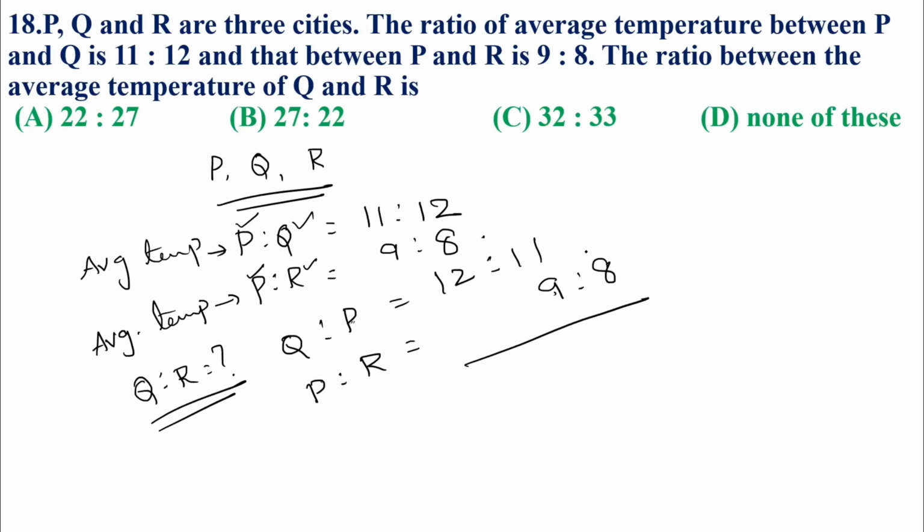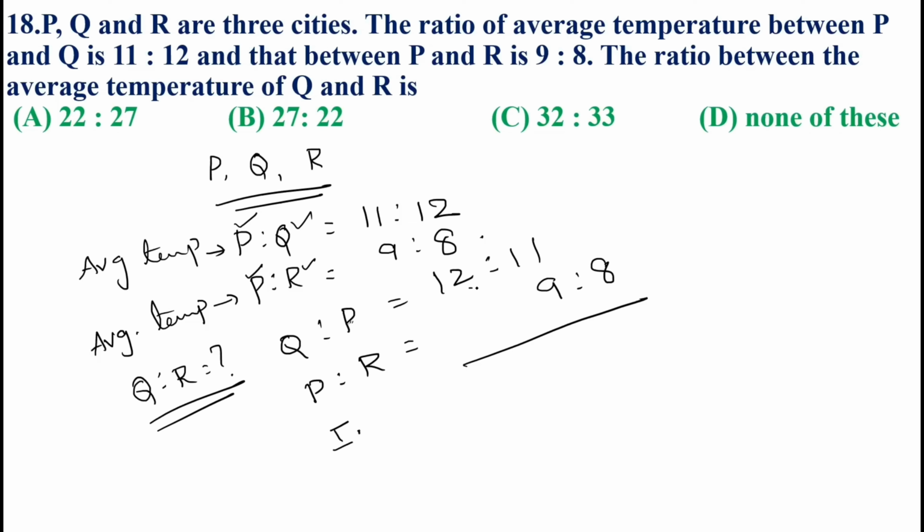There are different methods in order to calculate this. Multiply 12 into 9, 11 into 9 and 11 into 8. This is the method. 12 into 9, 108. 11 into 9, 99. 11 into 8, 88.